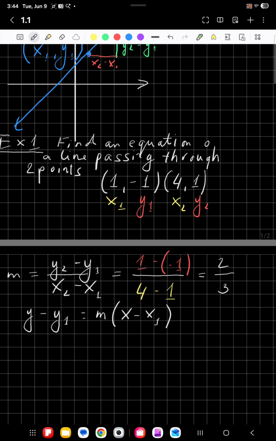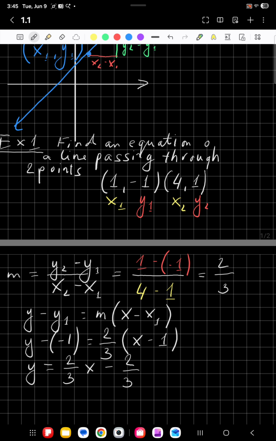I can use any of those 2 points, whatever seems easier. Maybe the first point is easier. So we'll have y, and now comes the y coordinate of that first point, which is -1. Now we have slope, and we have x minus 1. Okay, so we'll have y equals 2/3 x minus 2/3.